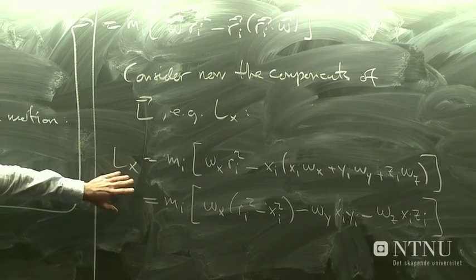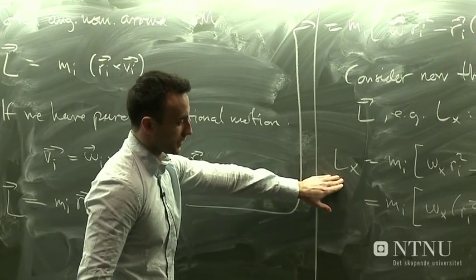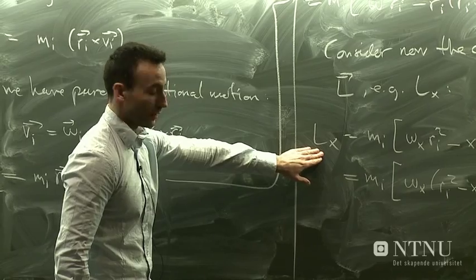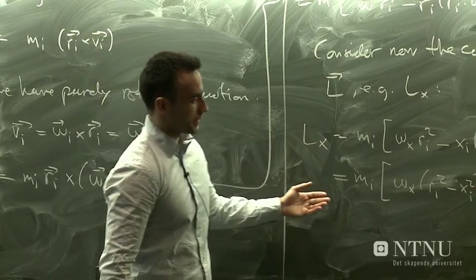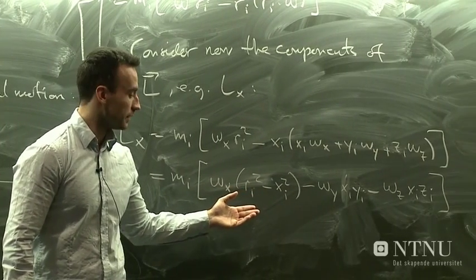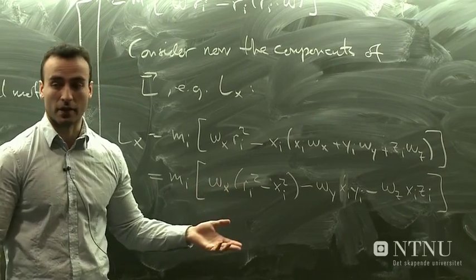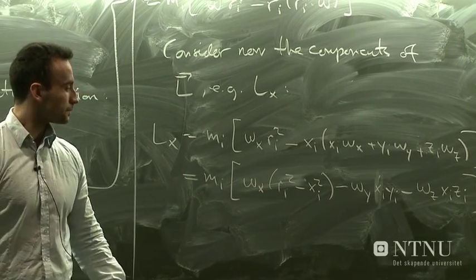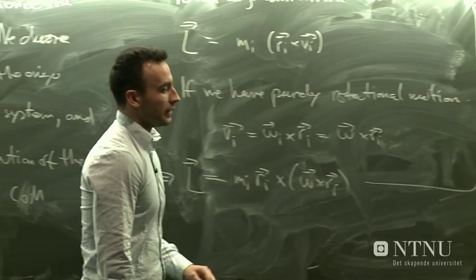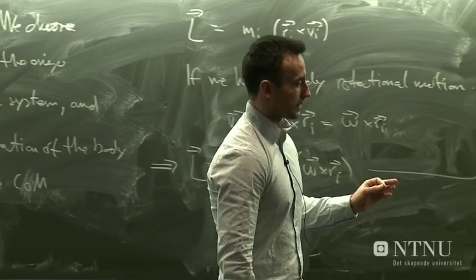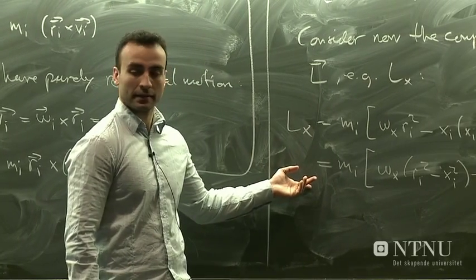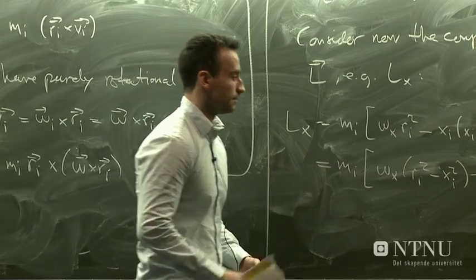And so we see that from this expression, the component x of the angular momentum can be expressed as a linear combination of the components of the angular velocity. By observing that, we realize that we can write this as a matrix relation.